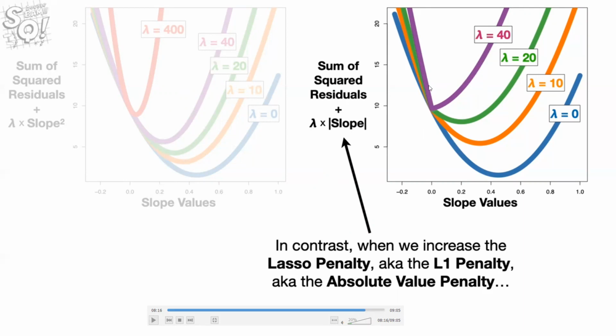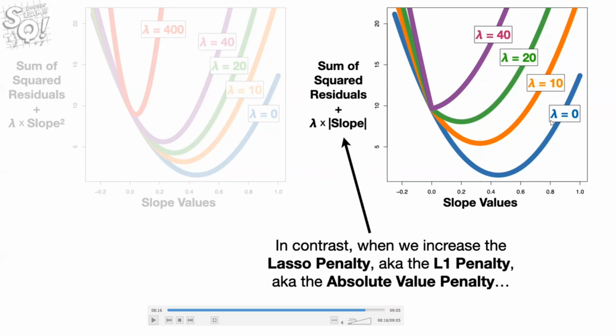But here I'm getting a slope of 0, which basically means that I should totally neglect my variable in the calculation of my output, which means that the output is not dependent at all on my variable that is scaled by this slope. So this is technically what happens if you use lasso regression compared with ridge regression.